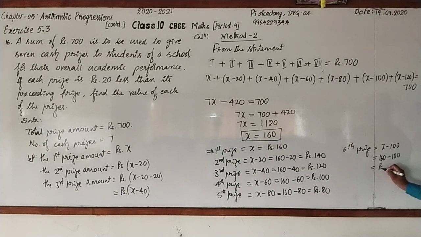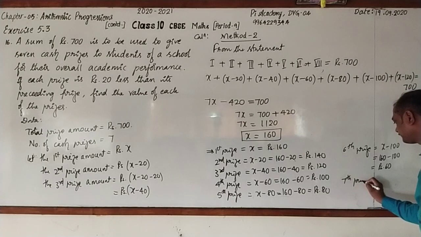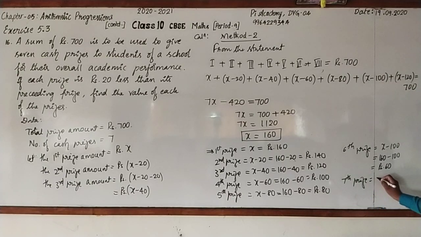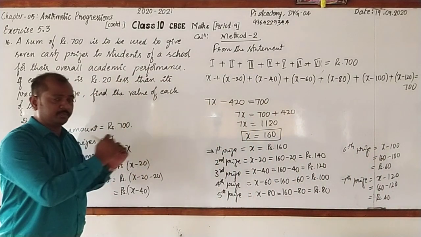This will be rupees 60. Next, seventh price. It is x minus 120. It is 160 minus 120, rupees 40. Clear? Yes. Please go for competence.